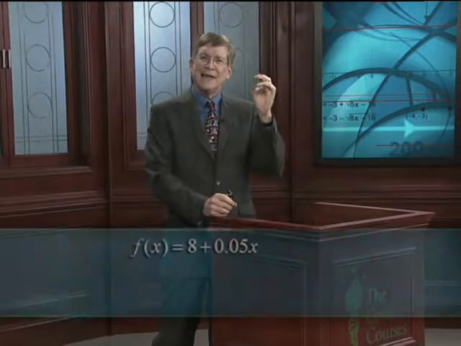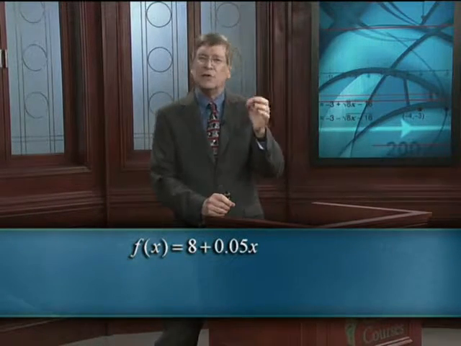So let's first figure out my hourly wage in terms of the number of hamburgers. Well, I earn $8 an hour, plus I earn 5 cents for every hamburger. So I get the function 8 plus 0.05x.